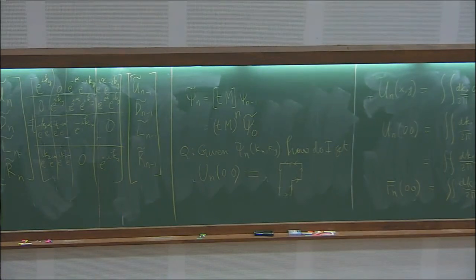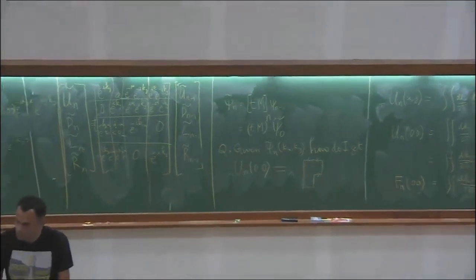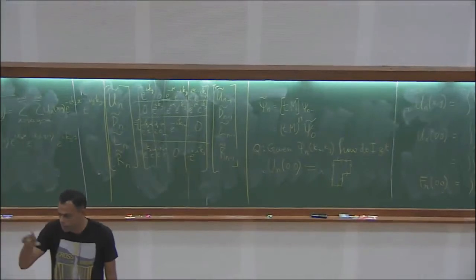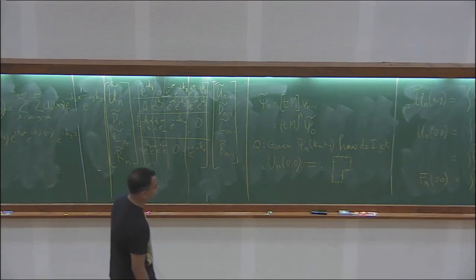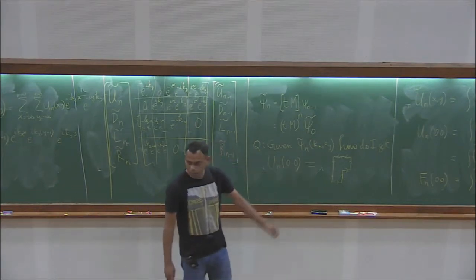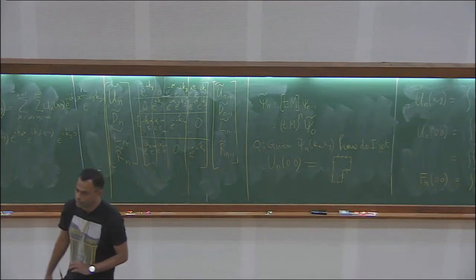But I'm saying that if the last step was up, then the 0th step is also up, because for a walk that comes around like this, the last step is equal to the first step. It's periodic, it continues from there. So psi 0 corresponds to psi n. So if I do this particular operation, you will get U_N of 0,0.